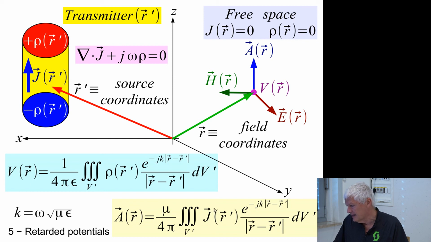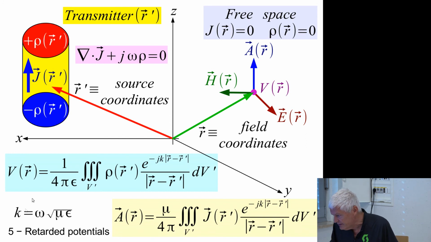Of course, since currents have a direction, they are vectors, so the vector potential must also be a vector here. The integral is very useful because the distribution of charges and the distribution of currents may have singularities, but these singularities are eaten up by the integral. So that's the real trick.